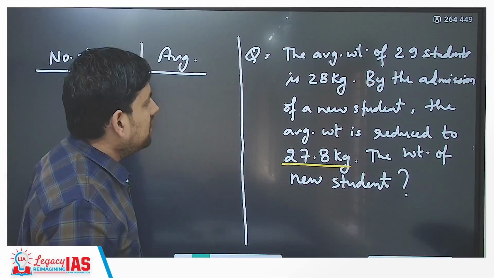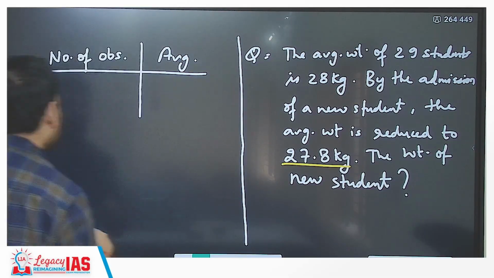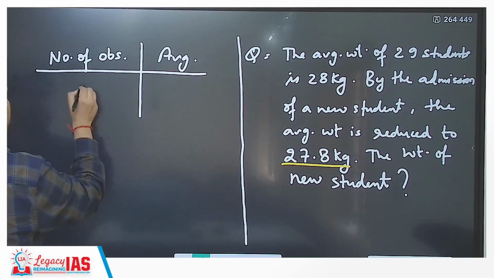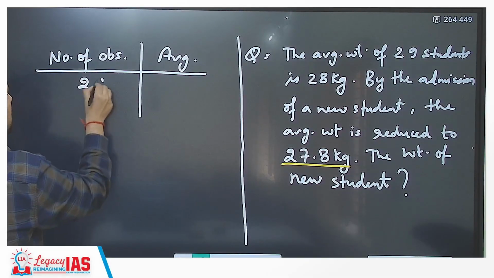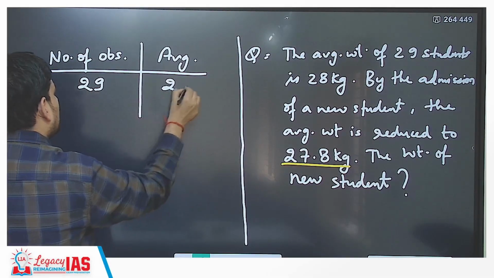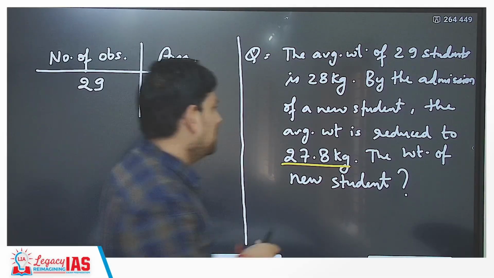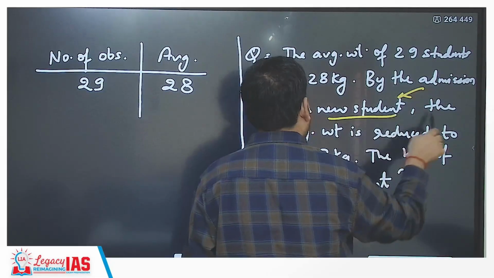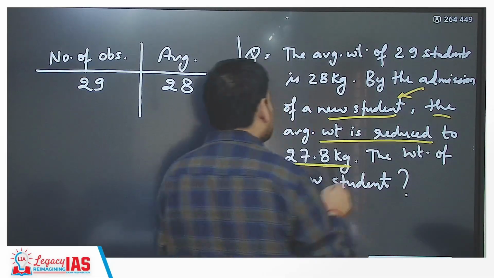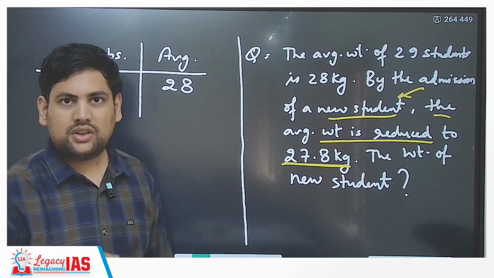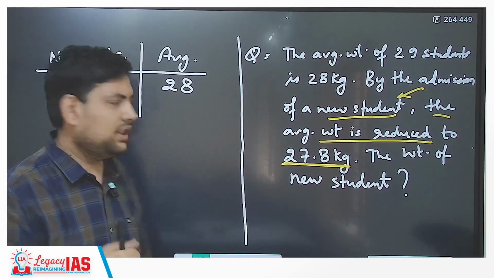Now what is the number of observations? The average weight of 29 students is 28 kg. By the admission of a new student, the average weight is reduced to 27.8 kg.